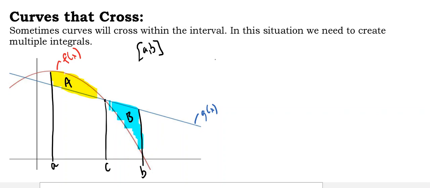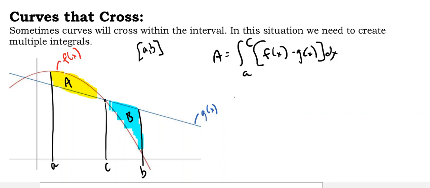So area A, in this particular case, we would have the integral from A to C, where f of x is above g of x. So we would have f of x minus g of x. And that would be our integral.